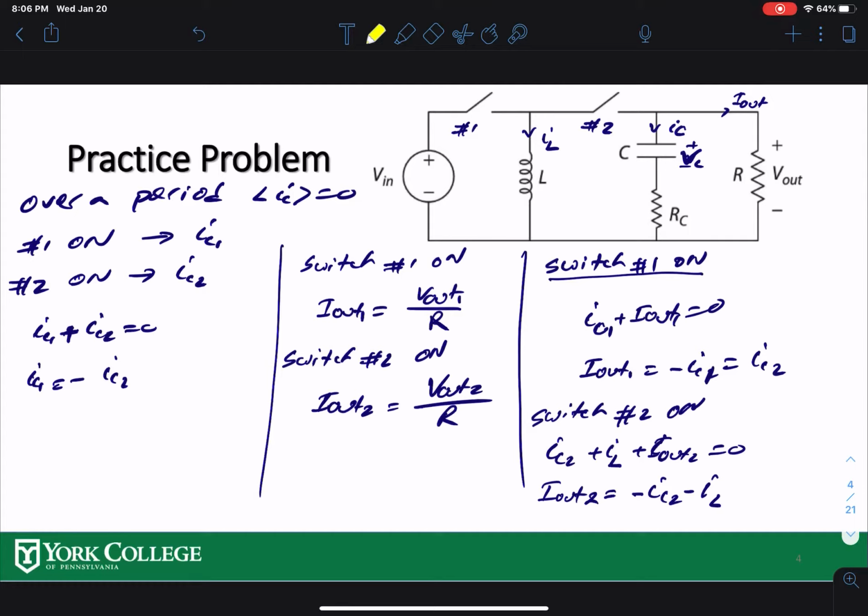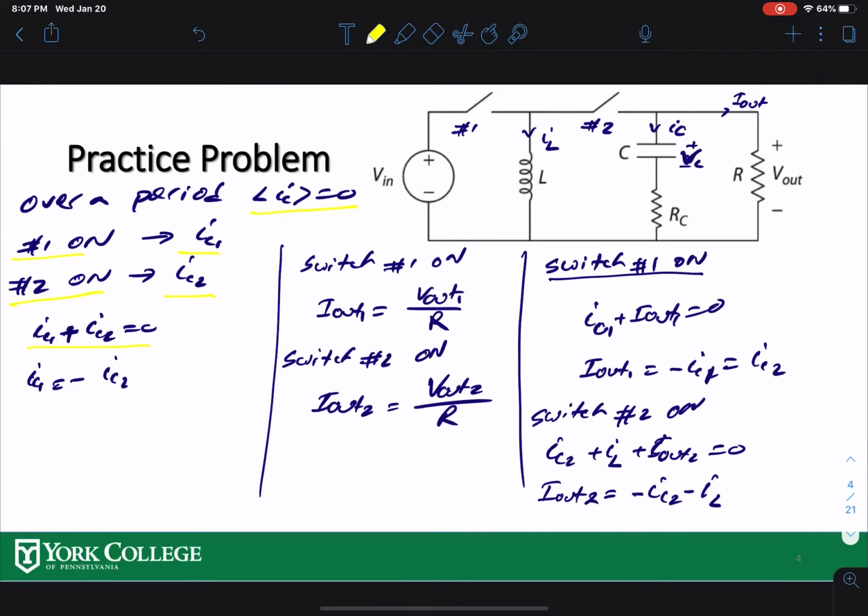Now, in an inductor, the voltage across the inductor over a period is 0. For a capacitor, the current through the capacitor over a period is 0. So if I use that, the average current through the capacitor over a period is 0. Also, we define that when switch 1 is on, the capacitor carries IC1, and when switch 2 is on, the capacitor carries IC2.